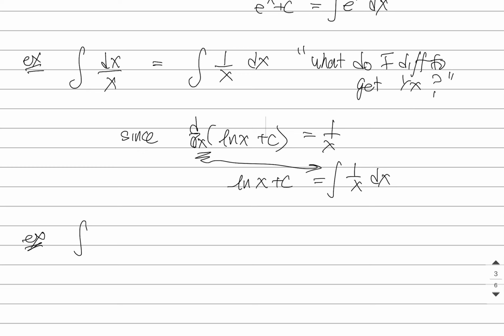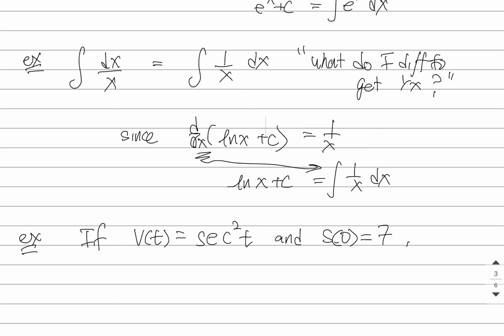Now, there's a nice idea that allows us to tackle some applied problems. So if I say, if the velocity of a function is secant squared of t, and we know that the position initially is 7, let's find the position at any time t.